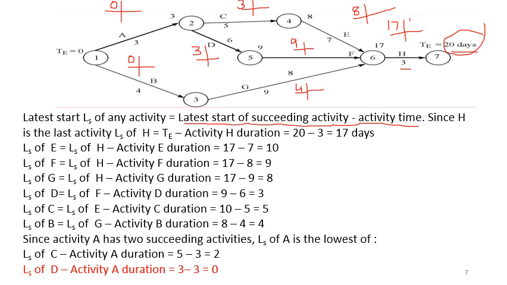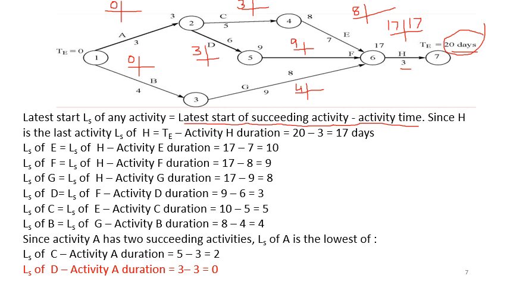So the latest start for activity H will be 17 days. Now for all other activities, you can calculate the latest start by the formula: LS is equal to the latest start of the succeeding activity minus activity time.